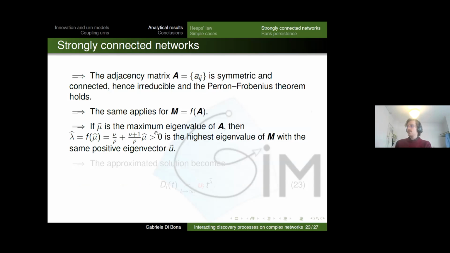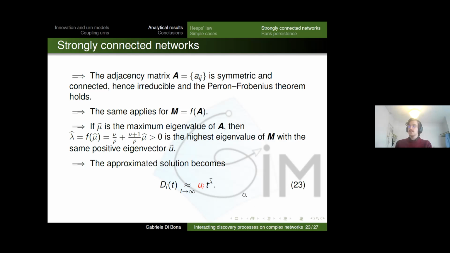And so if you have an eigenvalue, in this case, for example, the maximum eigenvalue, then the function of the same eigenvalue, the same function that defines M, is also the highest eigenvalue of M, and also has the same positive eigenvector U. This is great because if you remember, the general solution was a sum over all the eigenvalues.